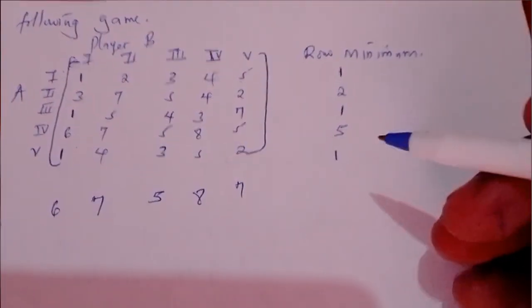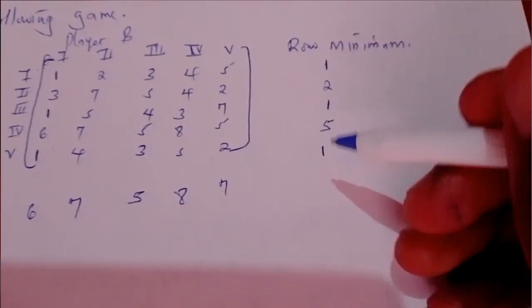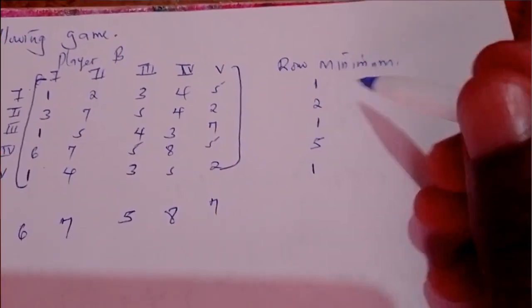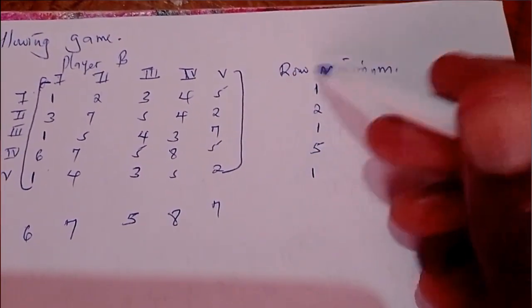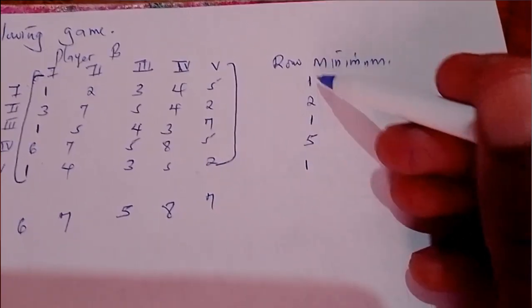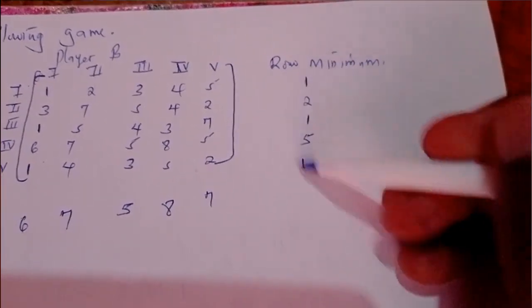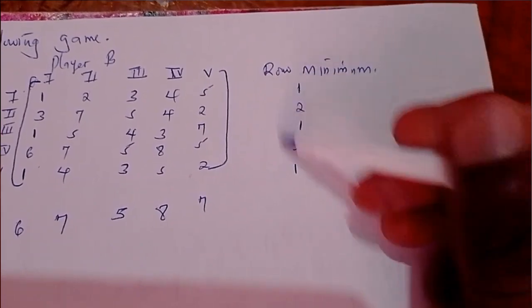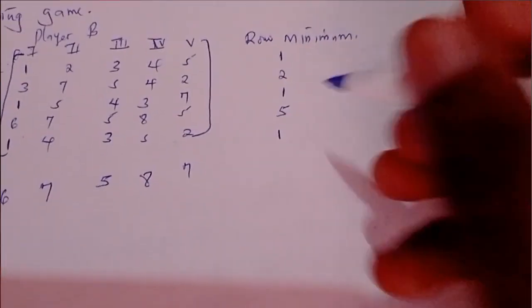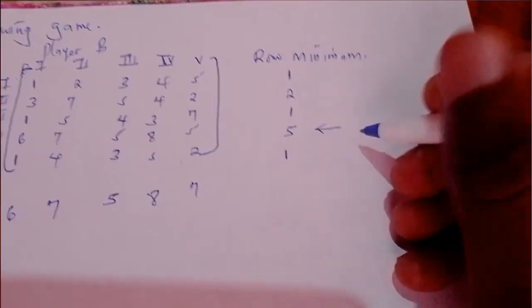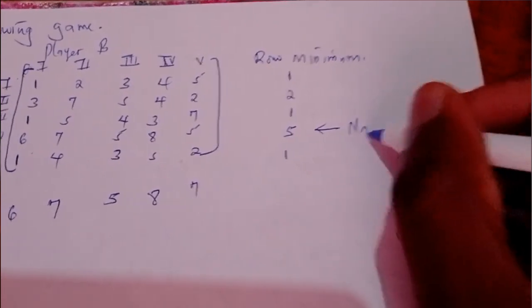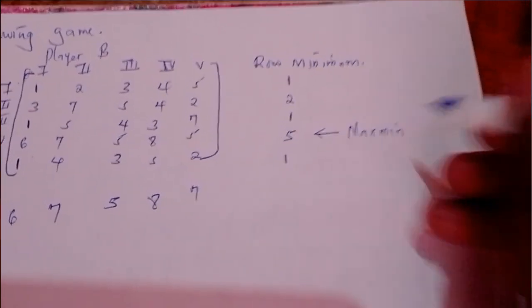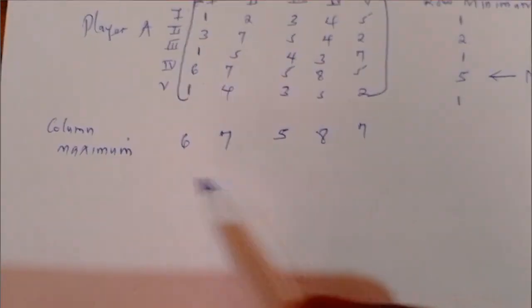After that, now we find the maximum from the minimums. So these are the minimums. Are you there? The maximum element from these minimum elements is 5. So this becomes the maximin. Let's move to the column side. These are the column maximums.